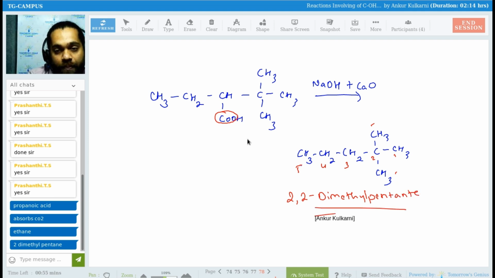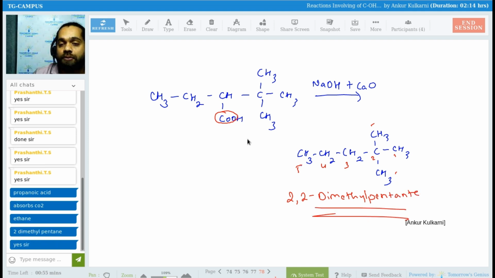Prashanti, is it clear? 2,2-dimethyl pentane. 2,2-dimethyl pentane.